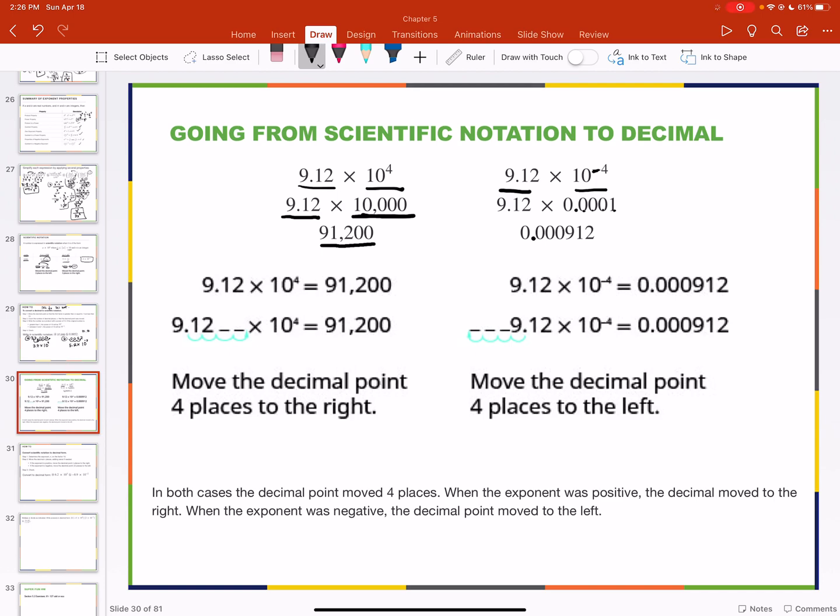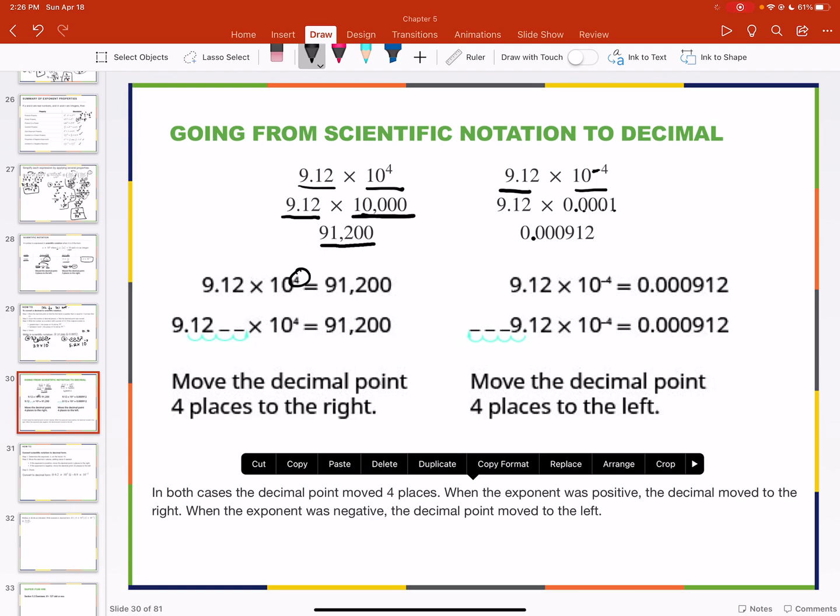Okay, so basically, if you're starting out with scientific notation and going to decimal, if you have a positive exponent, you move the decimal point that many spaces to the right. If you have a negative exponent, you move it to the left. So here, you say, okay, here's 10 to the fourth, 9.12, 1, 2, 3, 4.